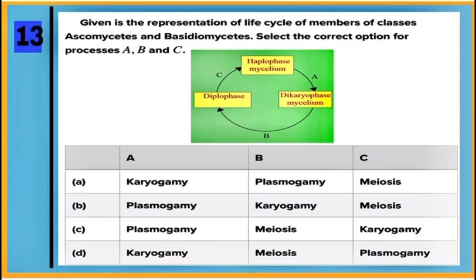Second stage B is karyogamy, where two nuclei fuse together, and third stage C is meiosis, where haploid spores are formed from zygote. So correct choice is B.